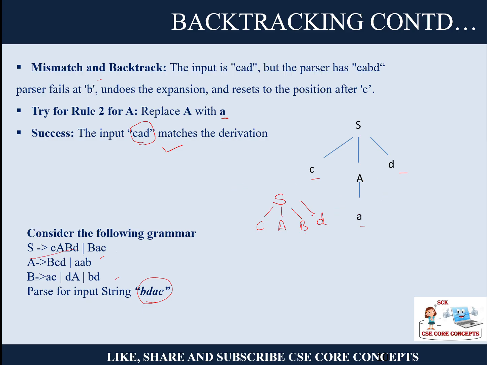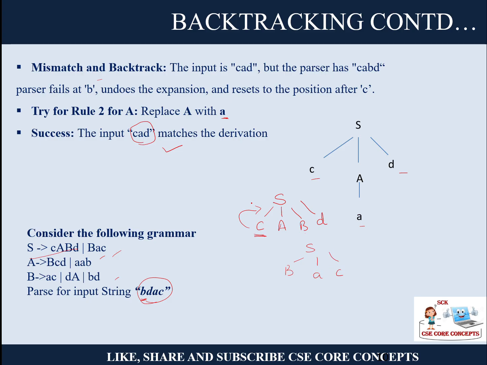But here one thing is a problem, that the first symbol is also not matching. Here the first symbol which we are getting is C, here it is B. So let us backtrack, and try S with the second rule, that is BAC.